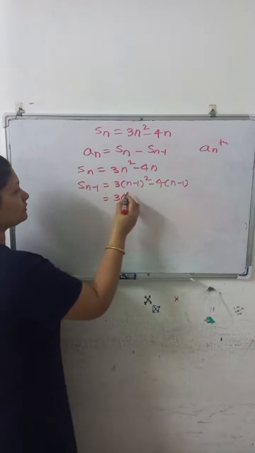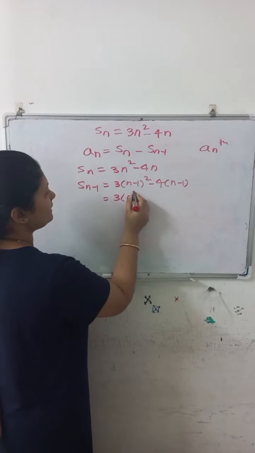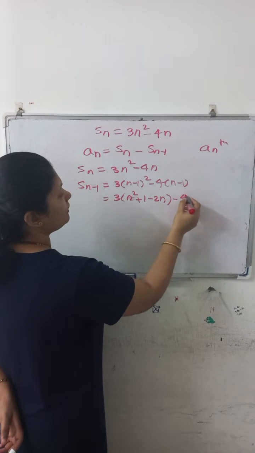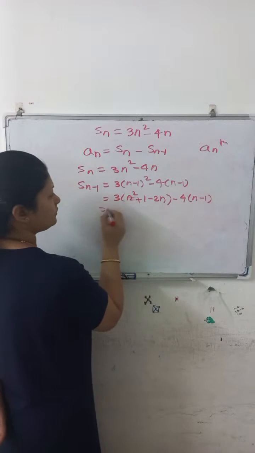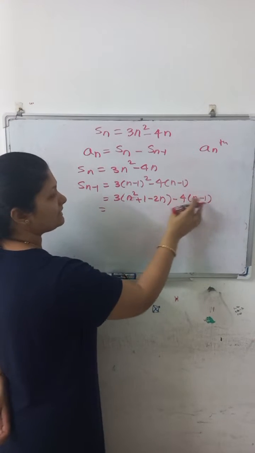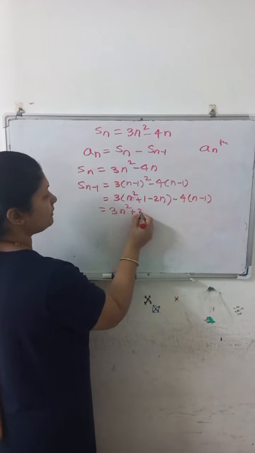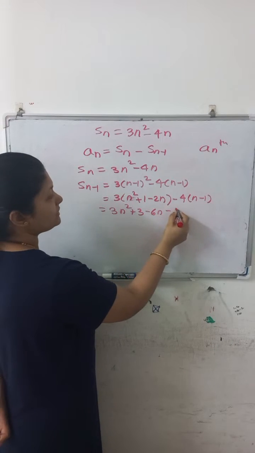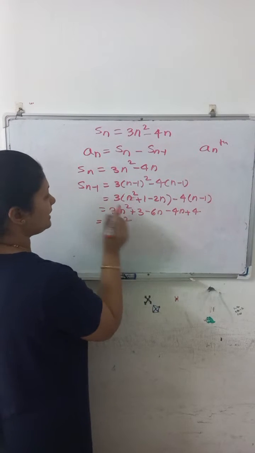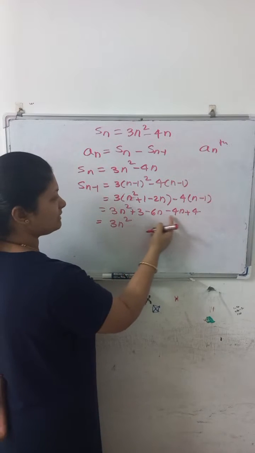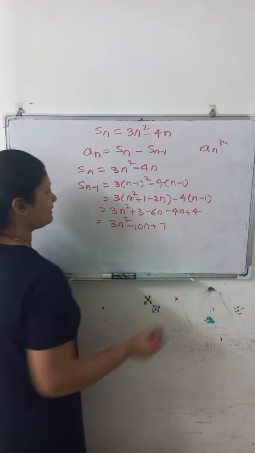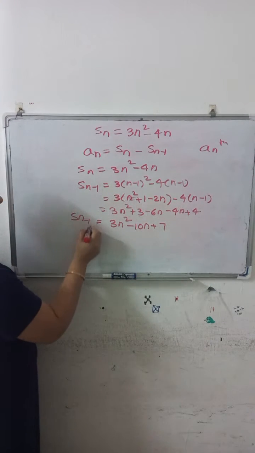So n square plus 1 minus 2n, and minus 4 inside the bracket n minus 1. I will multiply this inside, this also I will multiply. Negative sign is there, so the signs change. So 3n square plus 3 minus 6n minus 4n plus 4. I collect the terms: n square, only one is there; minus 6n minus 4n is minus 10n; and plus 3 plus 4 is plus 7. This is what I get as the n minus 1 term.